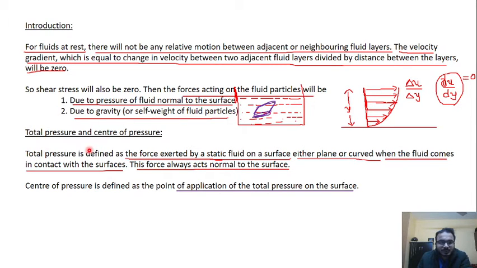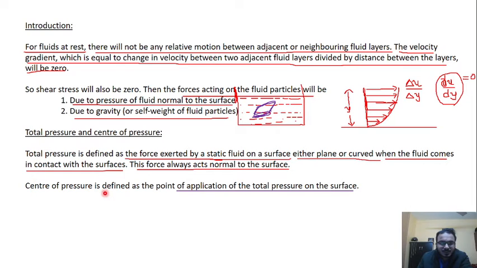The next is total pressure and center of pressure. The total pressure is defined as the force exerted by a static fluid on a surface, either plane or curved, when the fluid comes in contact with the surface, and this always acts normal to the surface.